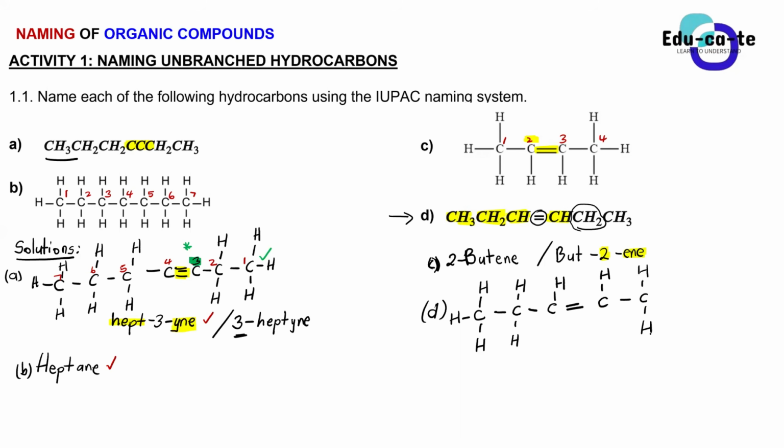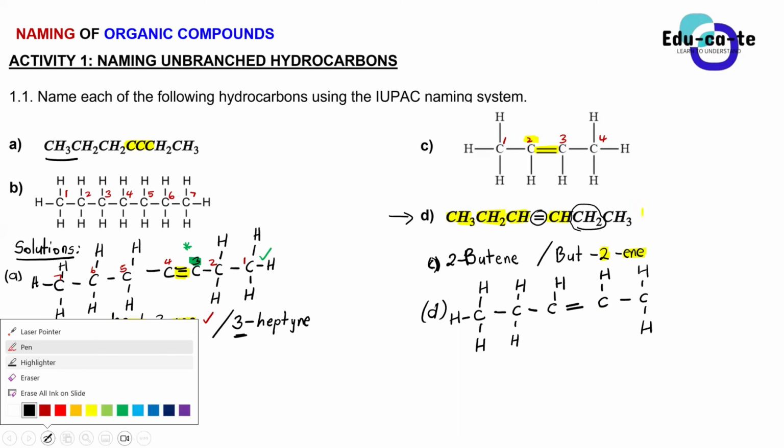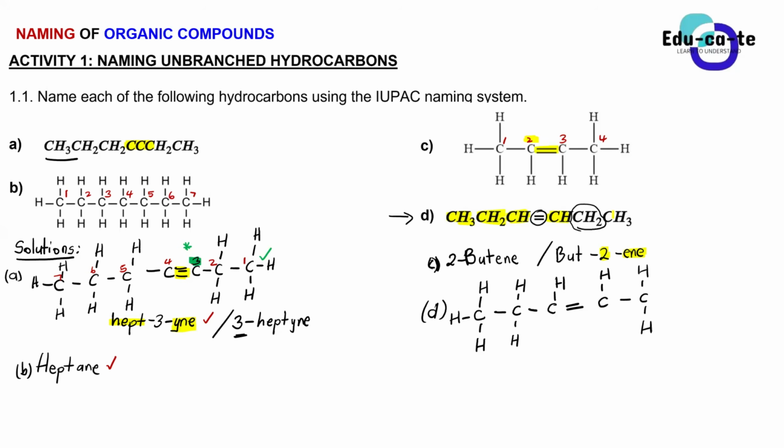And then the last part of this condensed formula is the CH3. It's a carbon bonded to 3 hydrogens. So I'm going to draw a carbon bonded to 3 hydrogens. So there's a hydrogen up there, a hydrogen on the right hand side, and also a hydrogen down here. So this is the complete structural formula for the compound.